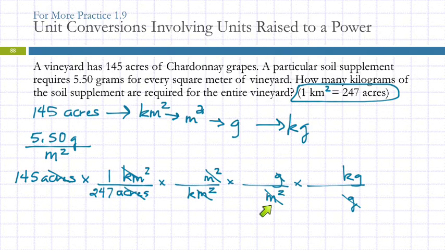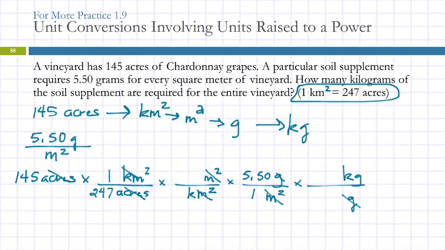That's one we don't see much. But that was this rate of application of this particular soil supplement. Okay, so it was 5.50 grams per square meter. Now some people really need to have a number in the denominator. Well, put a 1 down there.